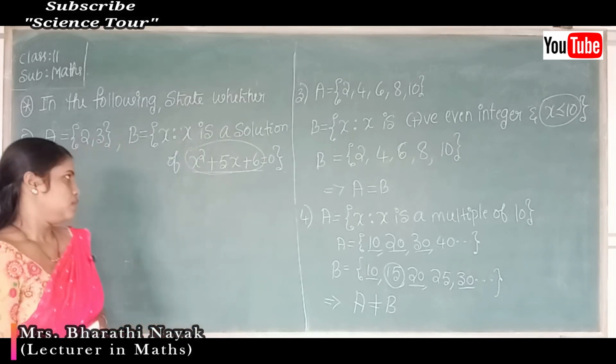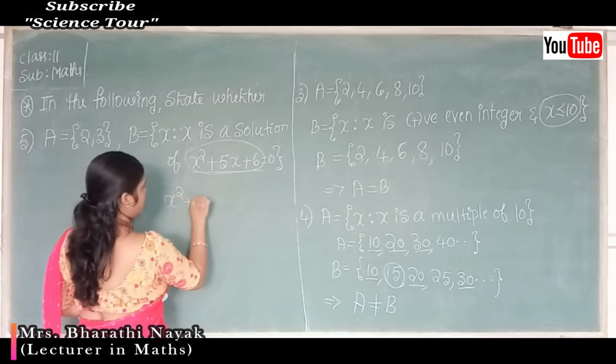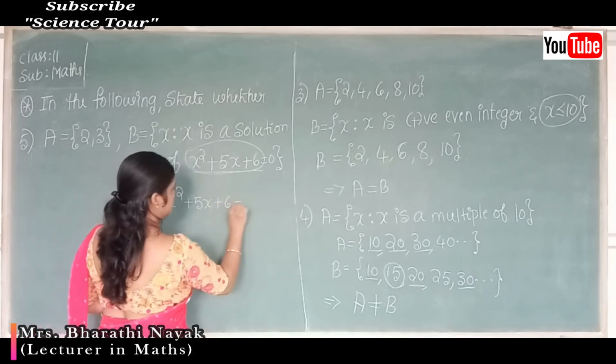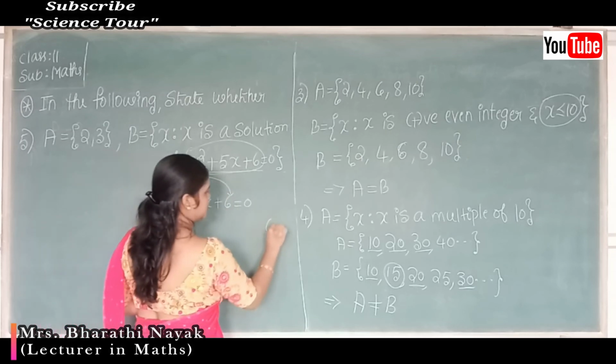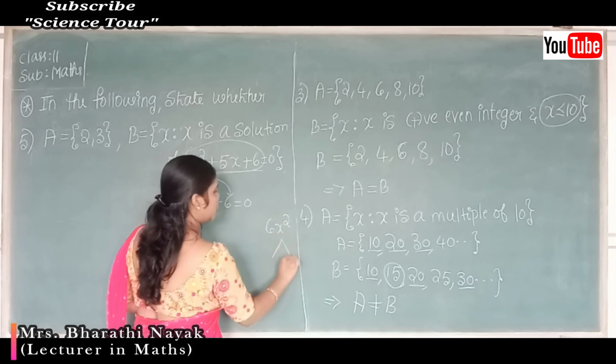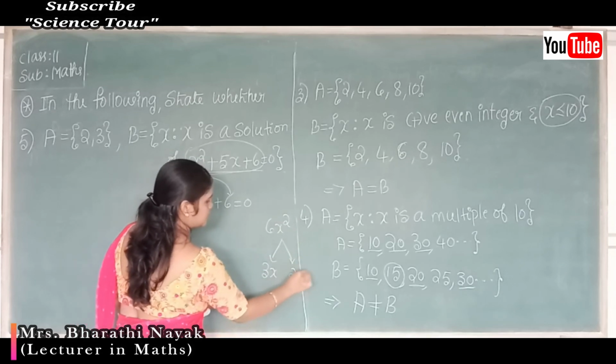Okay. Yes. So what is that equation? X square plus 5x plus 6 is equal to 0. I'll do the factorization. So 6x square. So which are the two factors you will choose? 3x and 2x, isn't it?